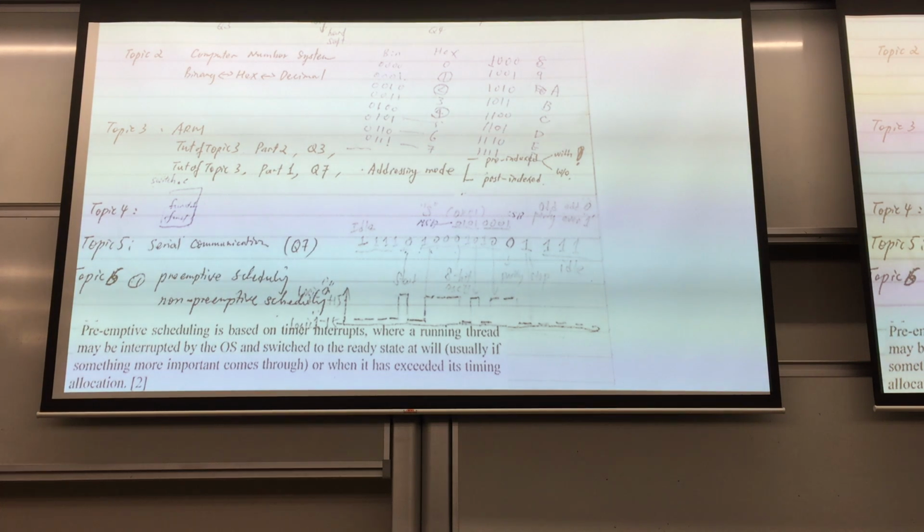If it is odd, then this bit will be set to 1. And if it's odd parity check, if the total number of 1 bits is odd, then this bit will be 0. Okay? If the total number of 1 bits is even, then this bit will be set to 1.